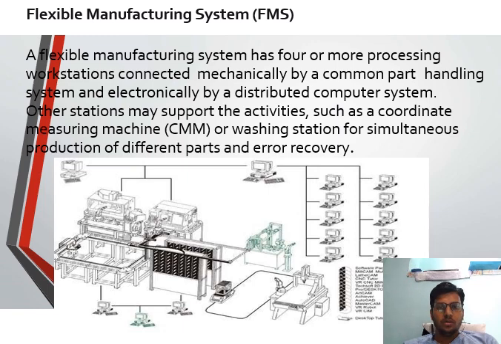In this figure we can see a variety of workstations. These are connected to your distributed computer system, and you have other systems like the CMM, coordinate measuring machine, and washing station for other operations.